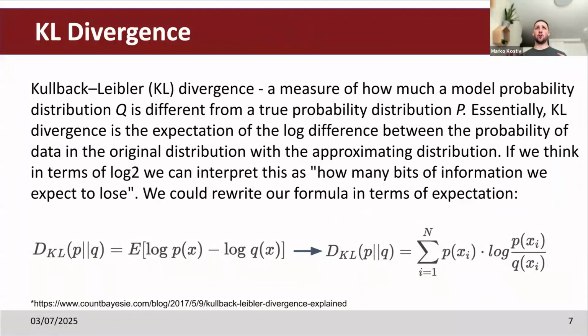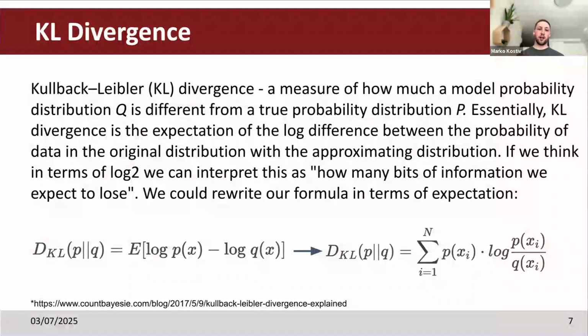But the intuitive interpretation of those formulas, from information theory, is that we look at how much information the distribution Q has and how much information the distribution P has. If we think in terms of log2, we can interpret this as how many bits of information we expect to lose when we shift from one distribution to the other.